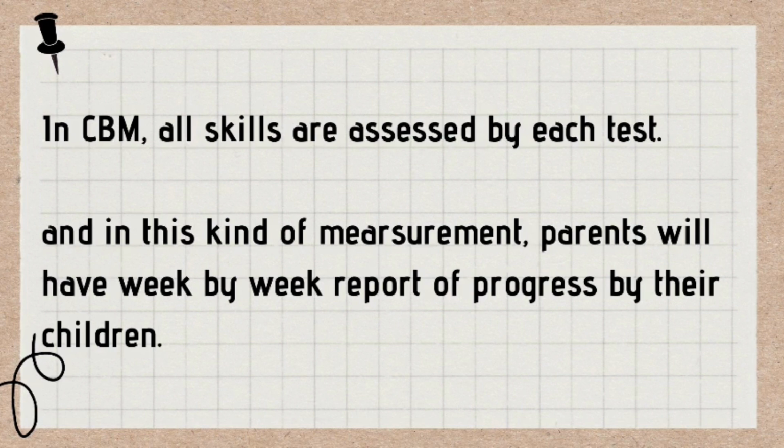This type of test measures how accurately and how well the child reads, their pronunciation, and how well their diction is. In this kind of measurement, parents will have a week by week report of progress by their children.